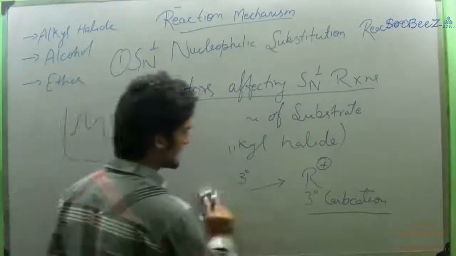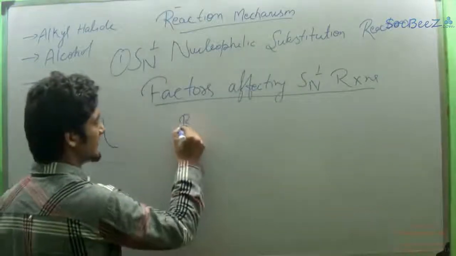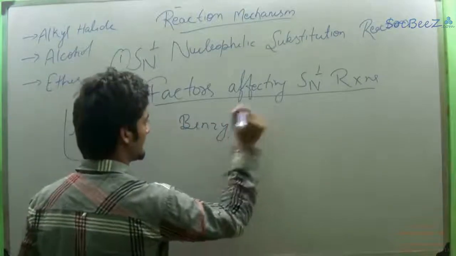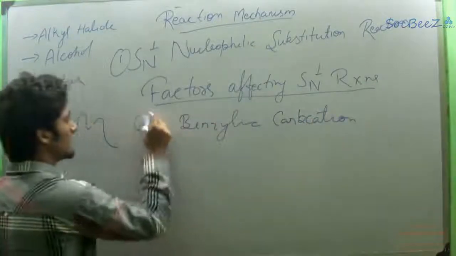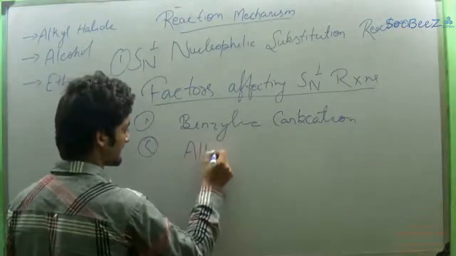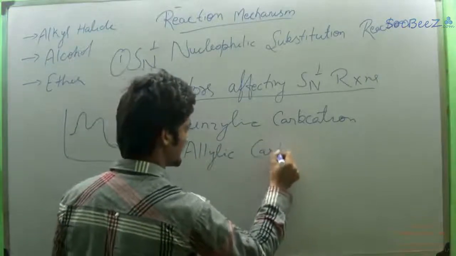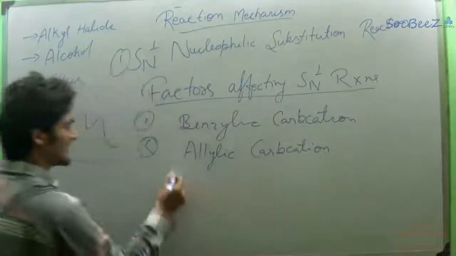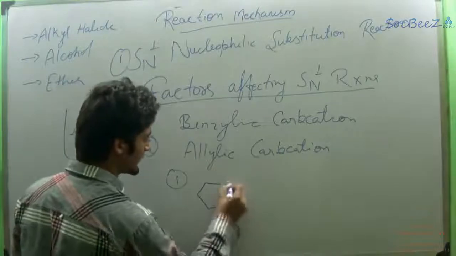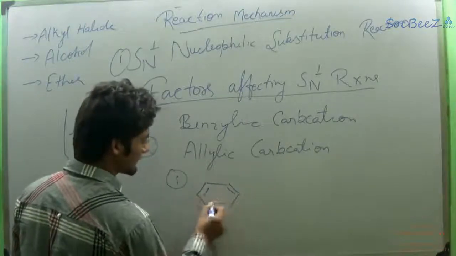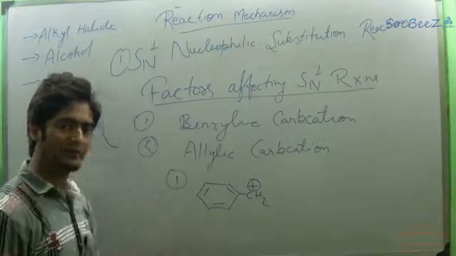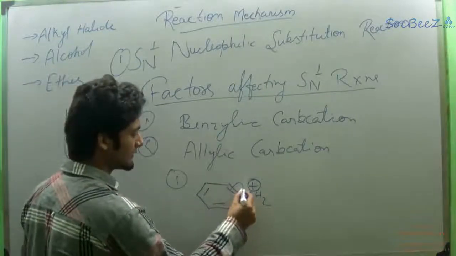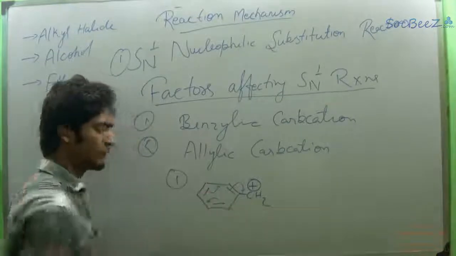The other two molecules which we want to discuss here are the benzylic carbocation and the allylic carbocation. The benzylic carbocation is the one in which we have a carbocation just near this benzene ring, and this carbocation will be stabilized by the mesomeric effect of these bonds.